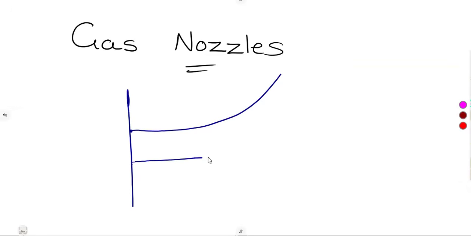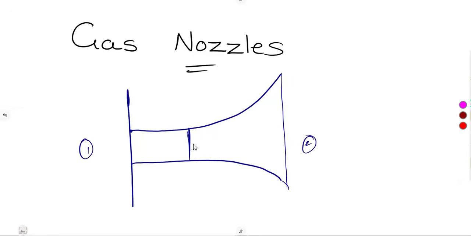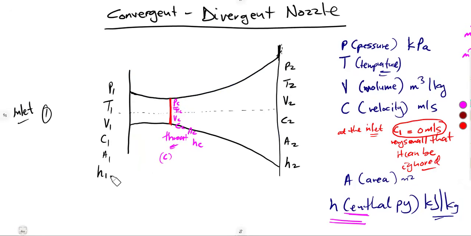All right, so let's just say this way. Something like this. Let's say this is where we've got our throat, and there we have got our exit. This is 1, this is 2, this is C for the throat. This time, we are not going to be having the enthalpy. This one is not going to be there.